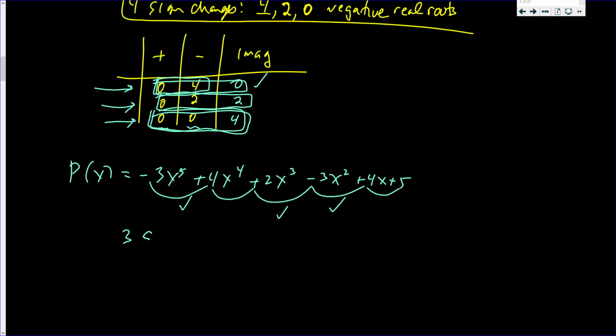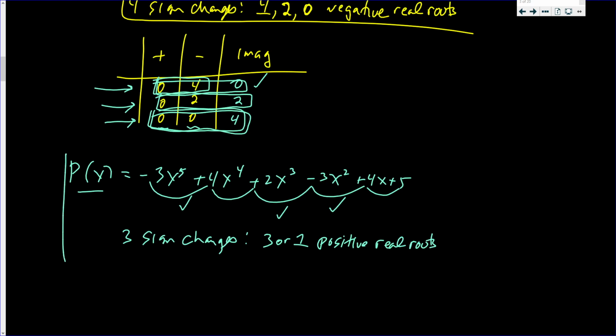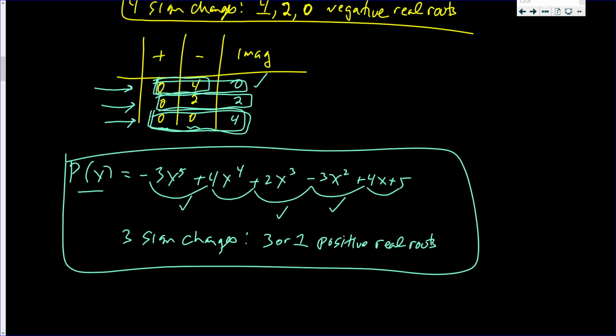So we have 3 sign changes for P of x. That means there will be 3 or 1 positive real roots. That's from P of x.